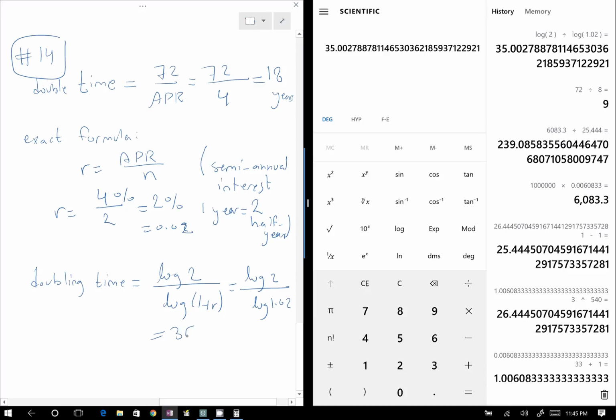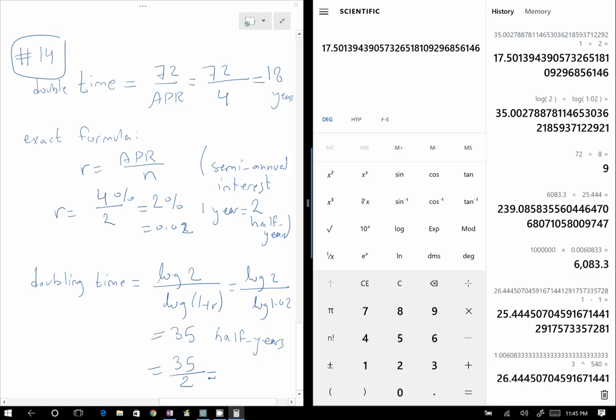Now what's the unit? 35 half years, which means 35 divided by 2, 17.5 years. So you see how the approximate formula gave me 18. The exact formula gave me 17.5.